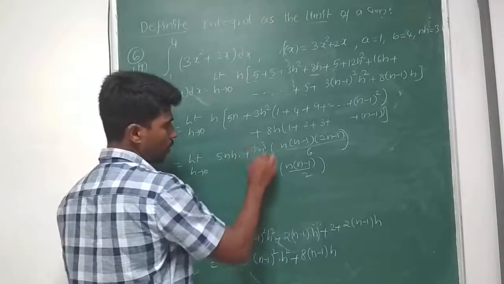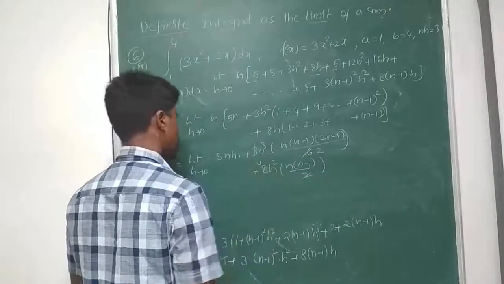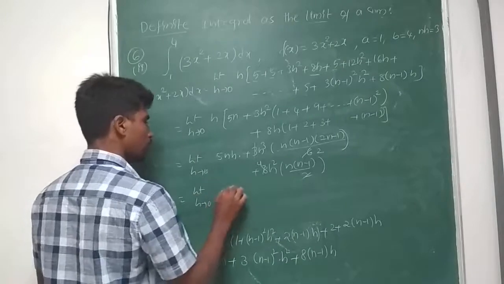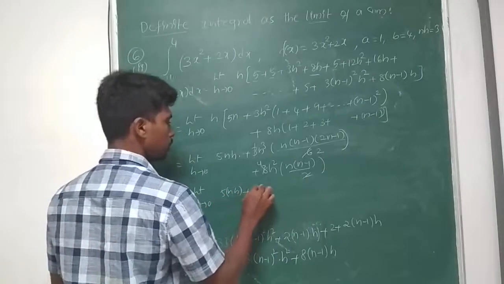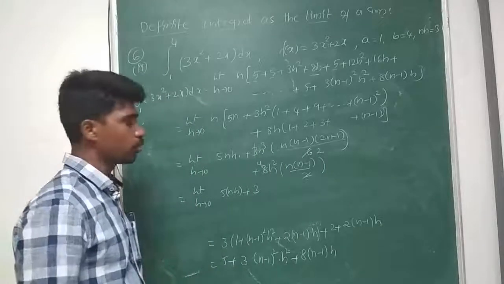Now the 3s and 2s cancel. Still we get limit h tending to 0 of 5nh plus 3 into h cubed into this all. Three groups are there, each group has one h.